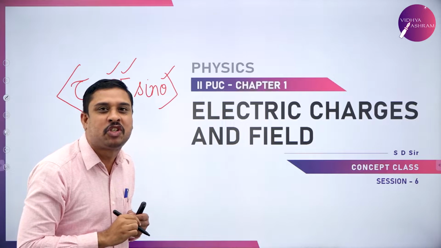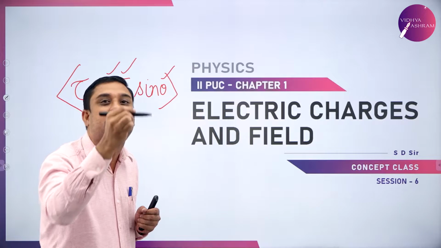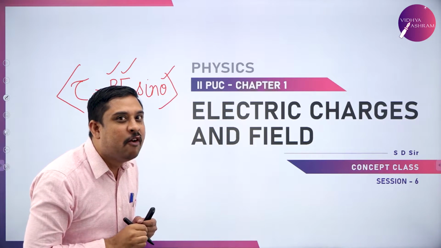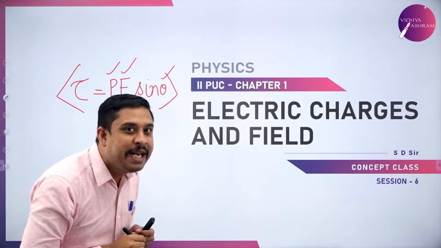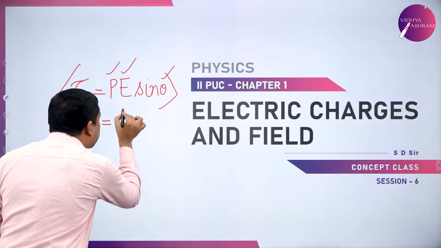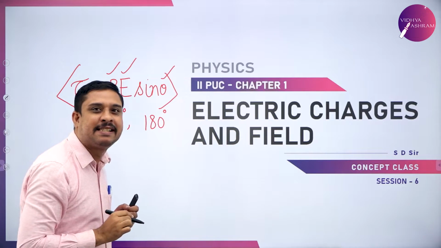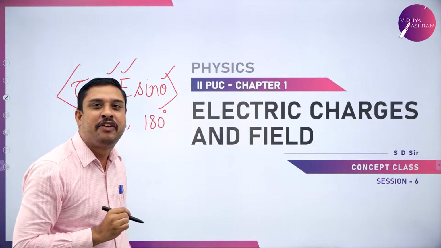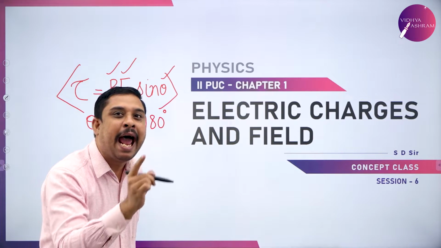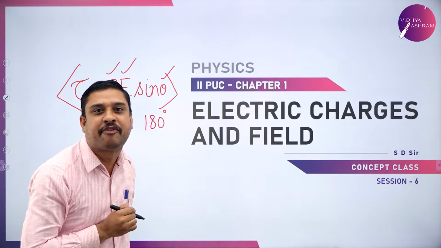And what was theta? The angle between the dipole moment and the electric field. We also mentioned under what conditions torque becomes minimum and maximum. What was the condition for torque to become minimum? We told either theta has to be 0 degrees or 180 degrees, which means the dipole moment is parallel or anti-parallel to the direction of the electric field.